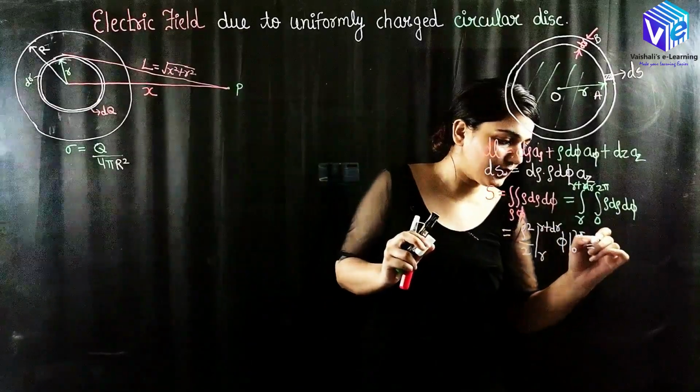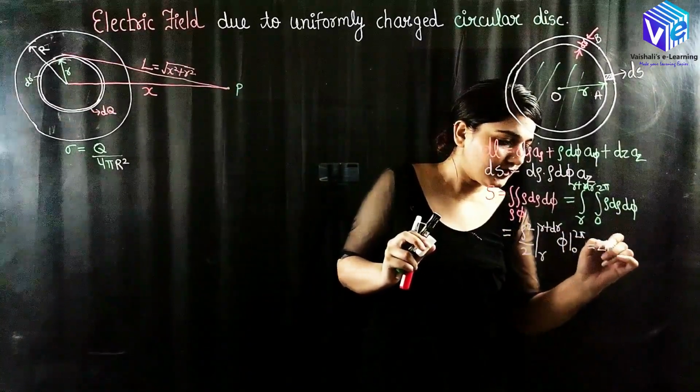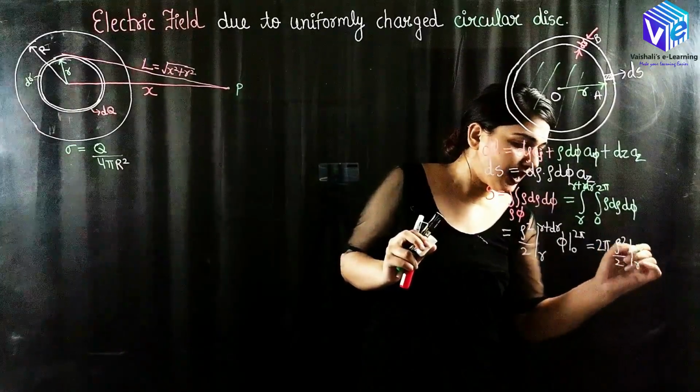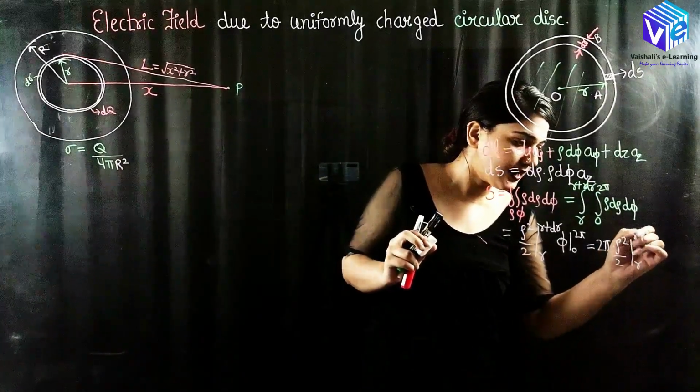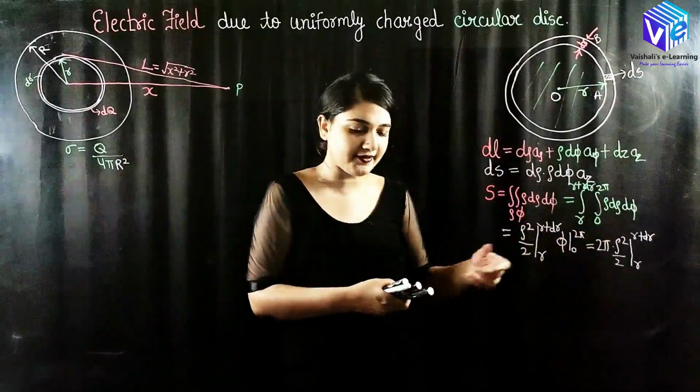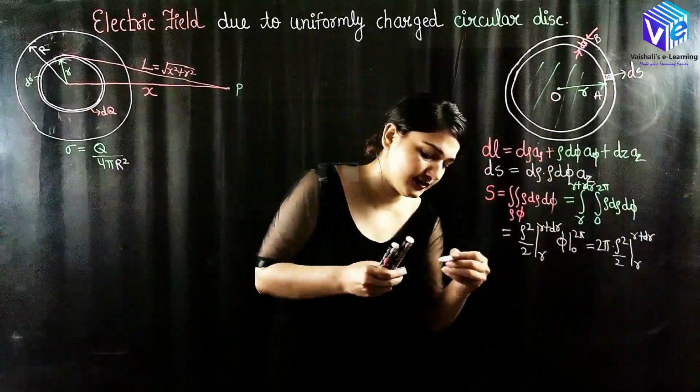So it will be equal to 2 pi into rho square upon 2, limits r to r plus dr. Now I just have to put the limits in this equation to find the surface area.